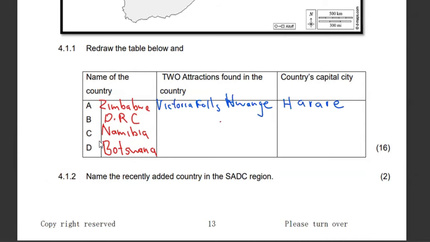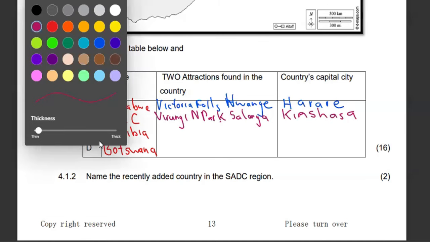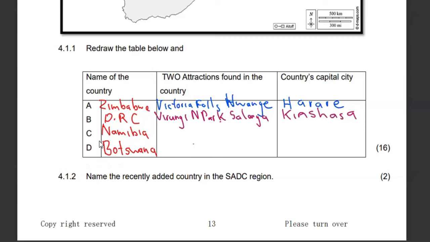When you go to the next one, DRC, we have the Virunga National Park. In addition to that, we have the Salonga National Park. Then the capital city is called Kinshasa. Then when you go to Namibia, you find the Fish River Canyon.